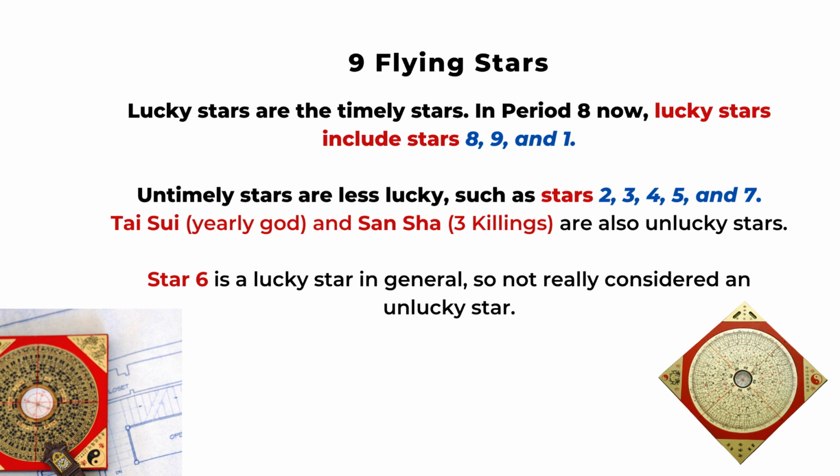And the unlucky stars will be the outdated stars, including 2, 3, 4, and 7. Because number 6 is generally considered a lucky star, it's still a neutral star and not really considered a negative star. And the Tai Shui, the yearly god, and the Sansa are also considered unlucky stars. They change the location every year, so that's something to consider too.